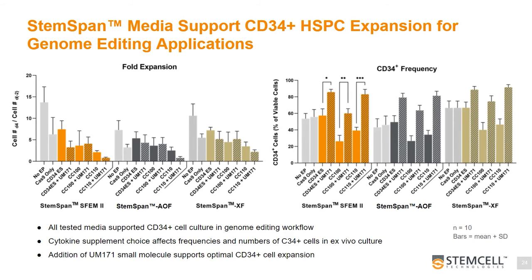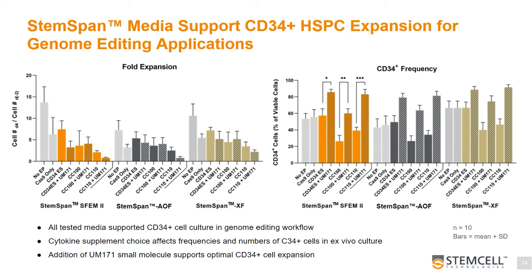Next, the effect of various culture conditions were tested in regards to cell expansion and frequency of CD34 cells. Focusing first on the orange-colored part of the graph to compare effects of various supplements within one medium type, we can see that the choice of cytokine supplement affects both cell number, shown in the left plot, and the frequencies of CD34 cells, shown on the right plot.